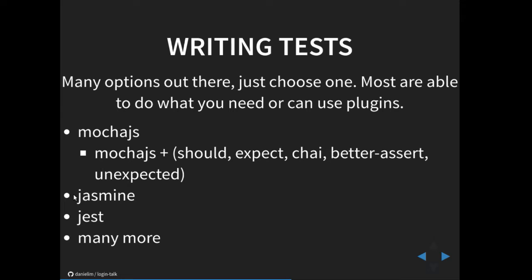These are different plugins or modules you can plug into Mocha. Then there's Jasmine, and then there's Jest. These are basically the ones that I hear most about, but there's a lot more that people use.